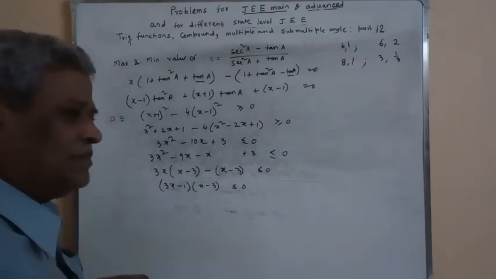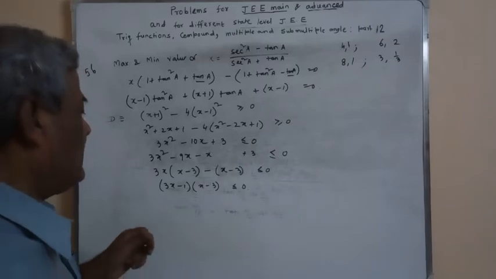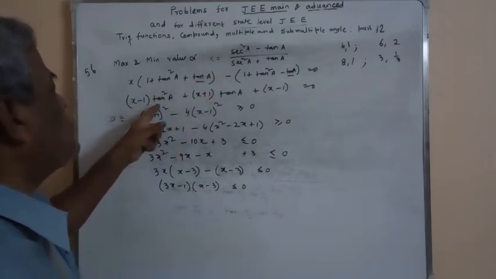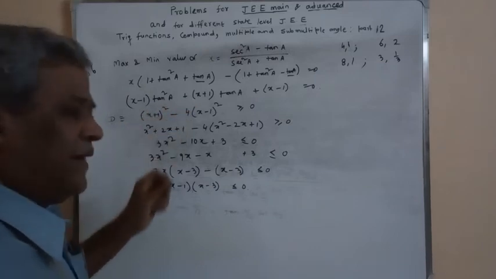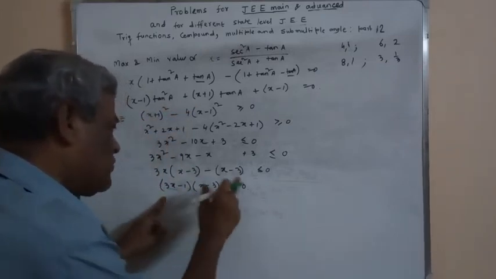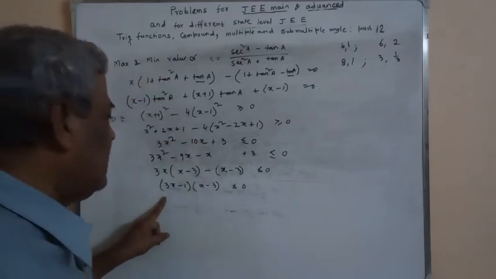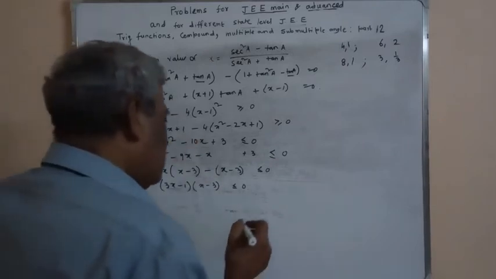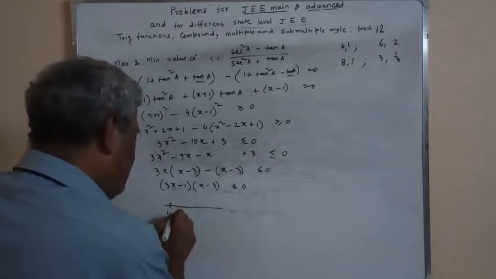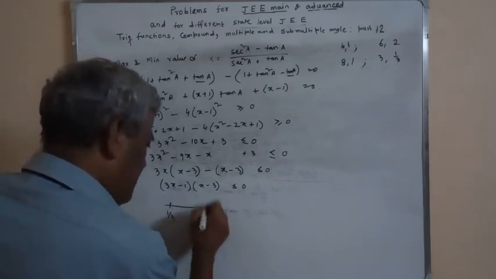Now we arrive at a conclusion that because it is a quadratic equation in tan A, its roots must be real. That is, that expression must be less than or equal to 0. The roots are 1 by 3 and 3.